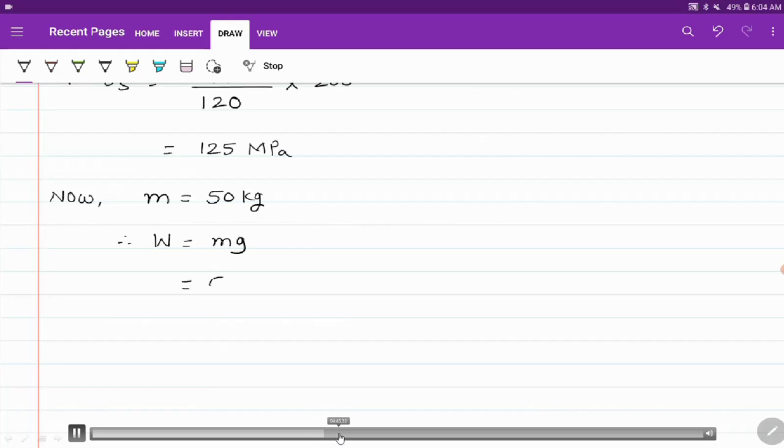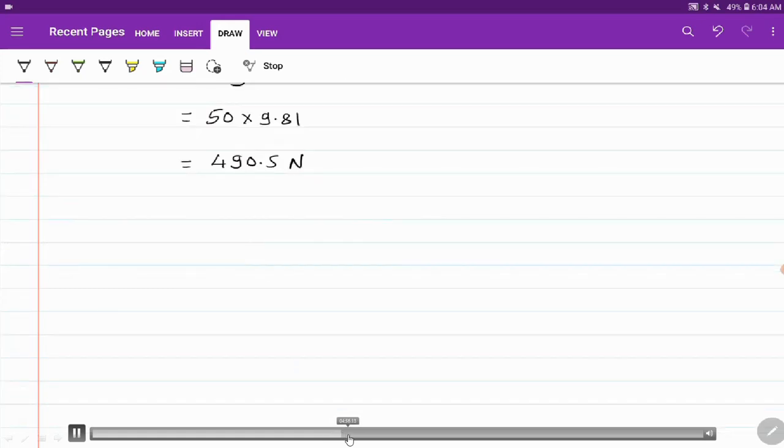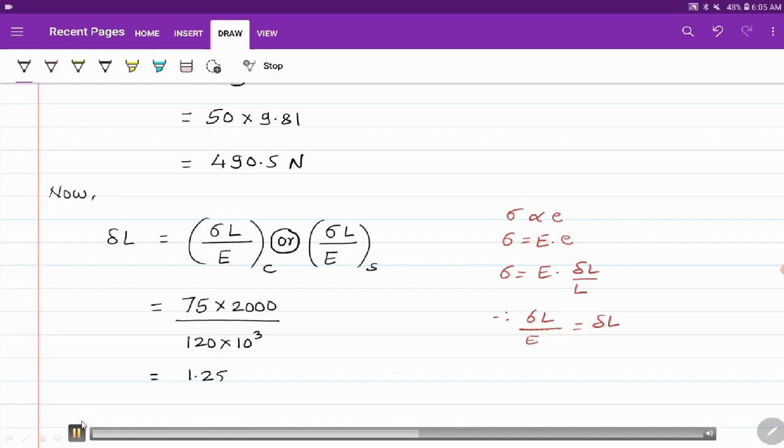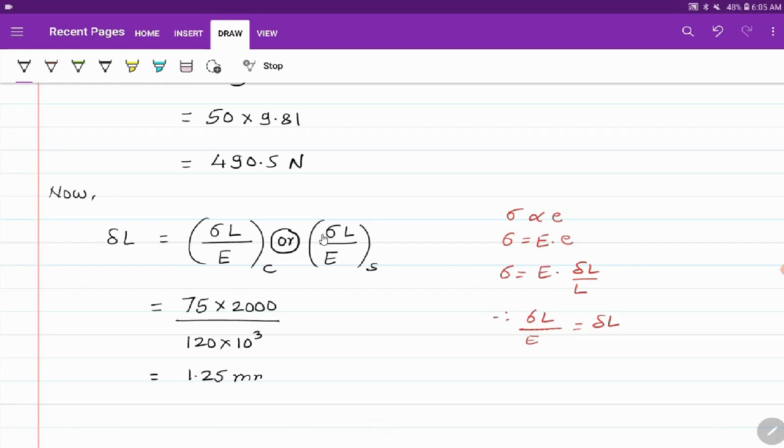Now mass is equal to 50 kg, but we know that the relation between weight and mass is W is equal to mg. So 50 into 9.81, that is 490.5 Newton. Total elongation will be equal to elongation of copper or elongation of steel, whichever value we take, the answer will be the same, because for a composite bar the elongation of the bar should be the same.